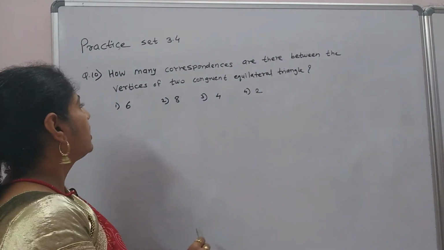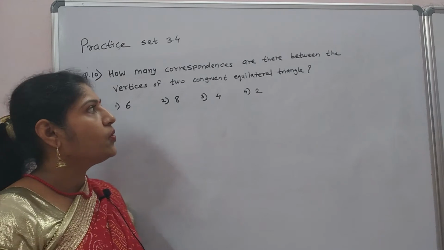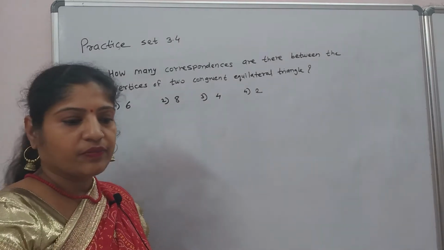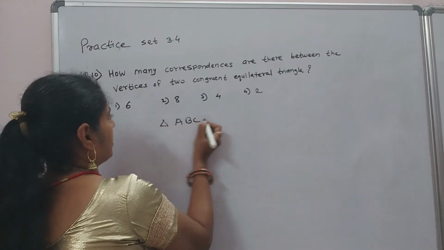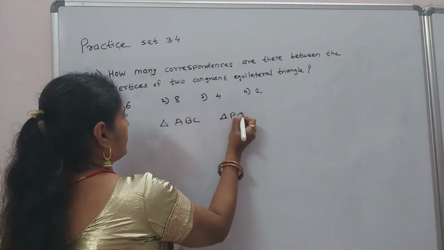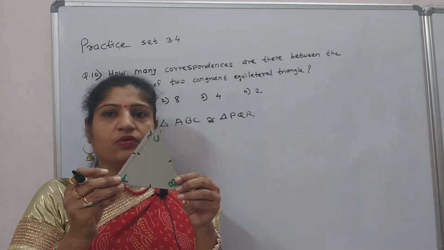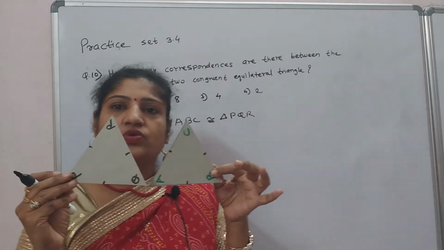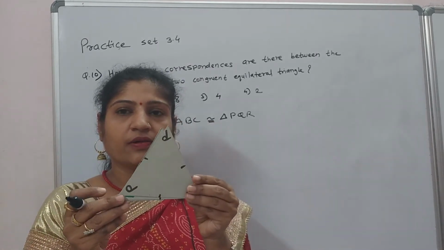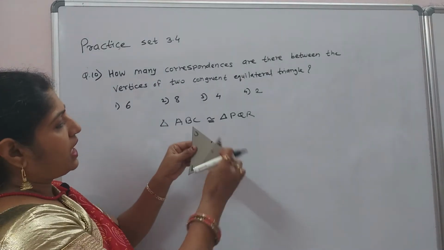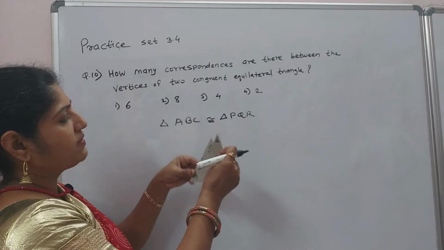Next question. How many correspondences are there between the vertices of two congruent equilateral triangles? Suppose two equilateral triangles are ABC and PQR. These two equilateral triangles are congruent. Now I change the correspondence. How many times can I change it?